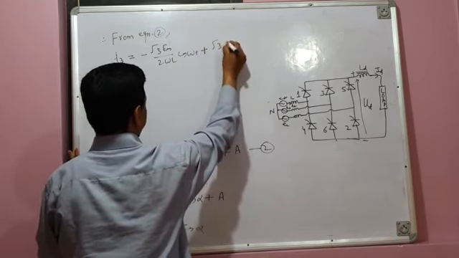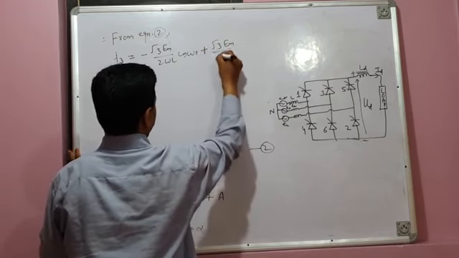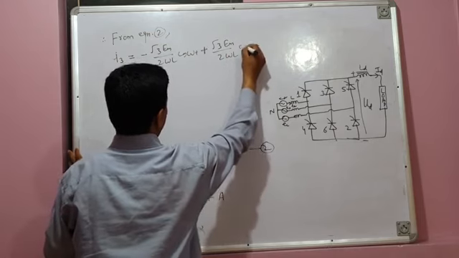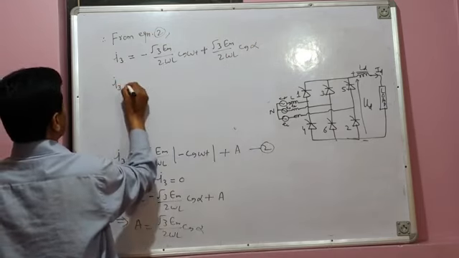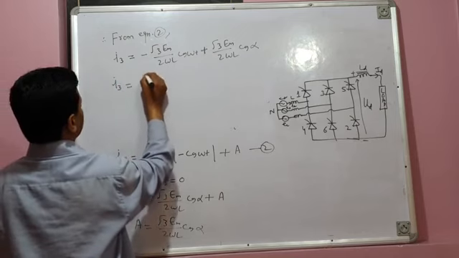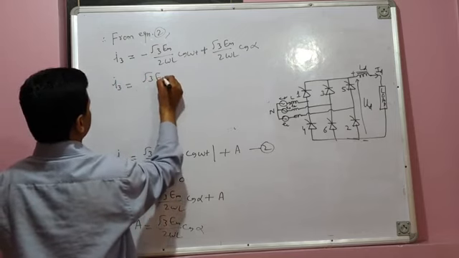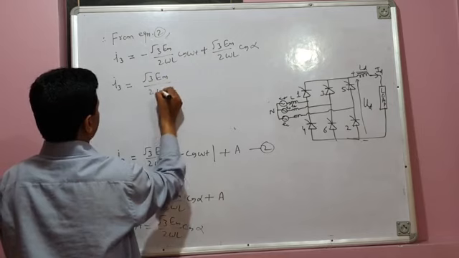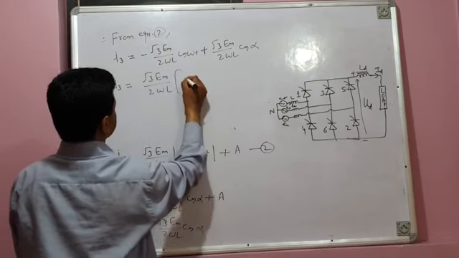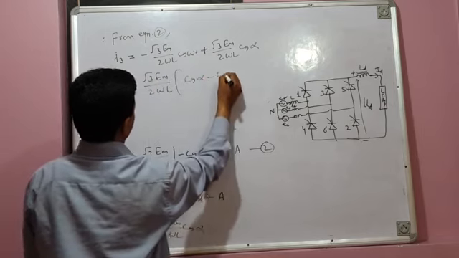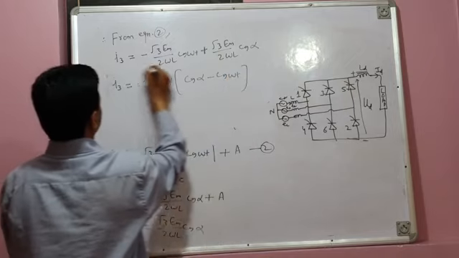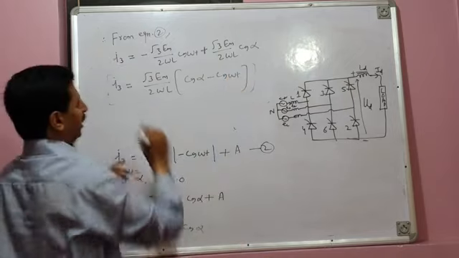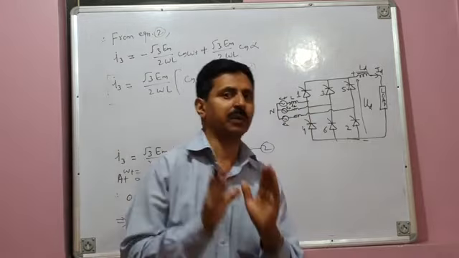So this can be further simplified as valve current I3 is equal to, I can take root 3 Em by 2 omega L out. What I get inside is cos alpha minus cos omega t. So this is the mathematical expression for current flowing in valve 3 during commutation overlap.